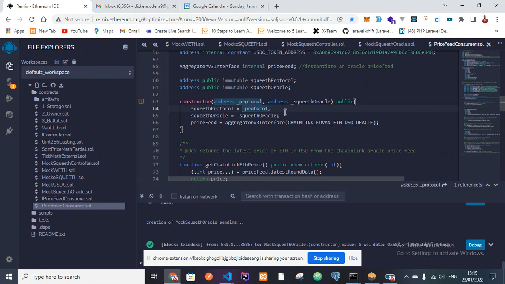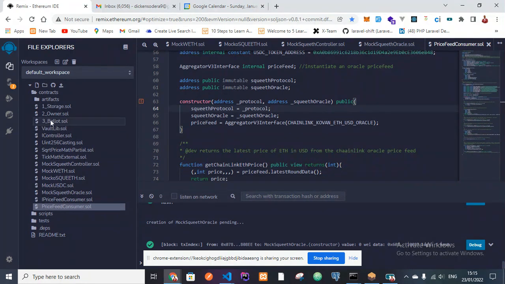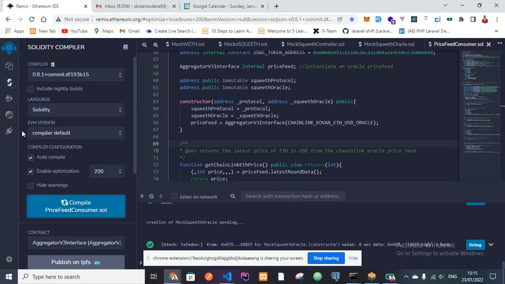Then later on in production, when dealing with mainnet, we will be able to specify the Opyn addresses as the oracle. So let's deploy the consumer compilation.